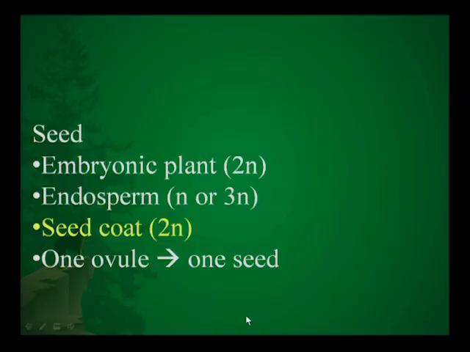That's one of the reasons why we animals like to eat seeds, because the endosperm has all of this nutrition in it. There will also be a protective seed coat or seed coats that will typically be diploid. And one of the things that I want you to remember as we look at these life cycles is that one ovule will develop into one seed. So that's an important concept that I'll come back to a couple of times.